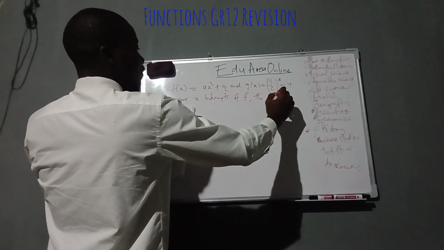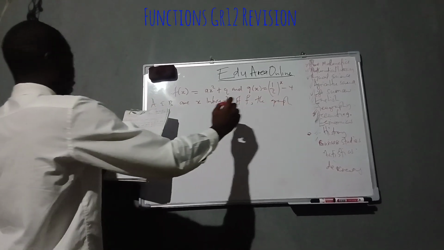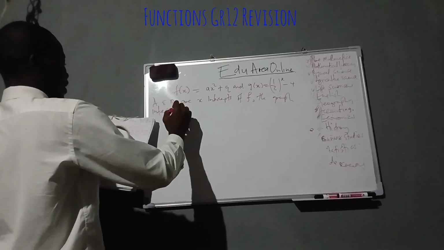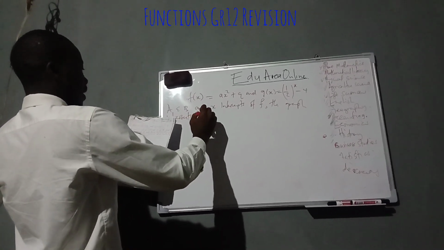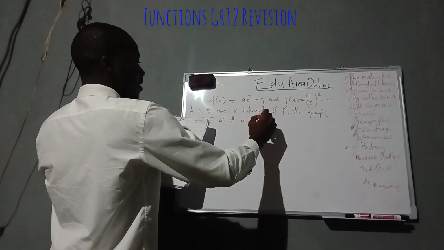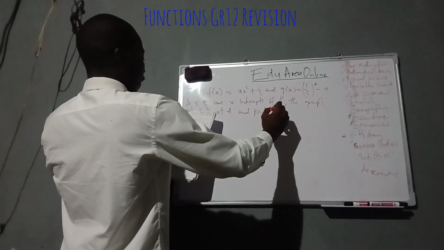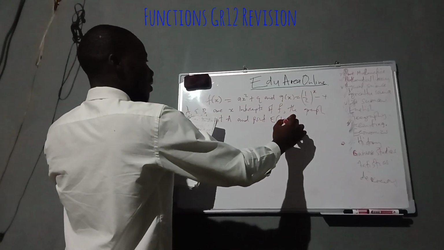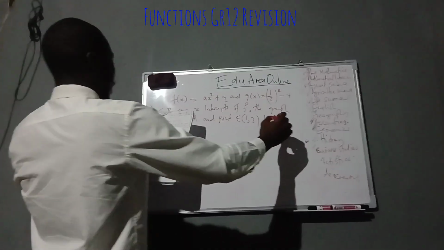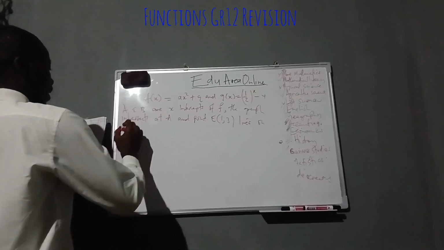The graph intersects at A, and point E (1, 3) lies on f.